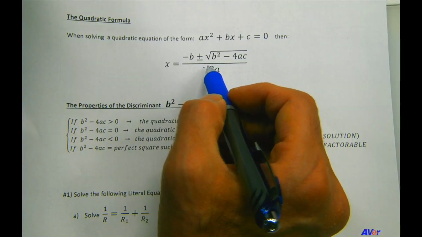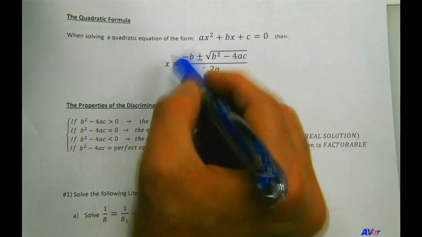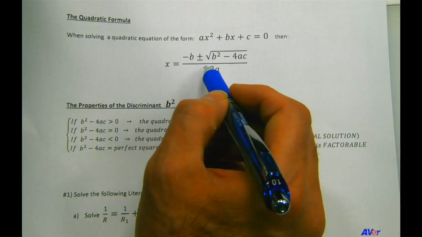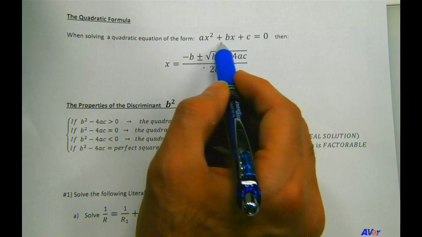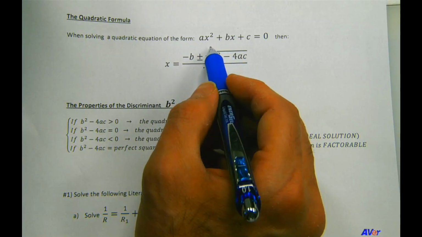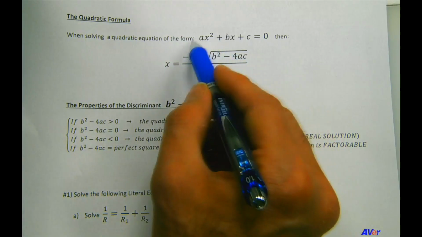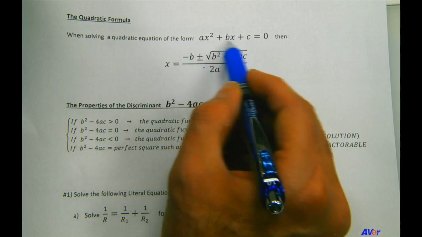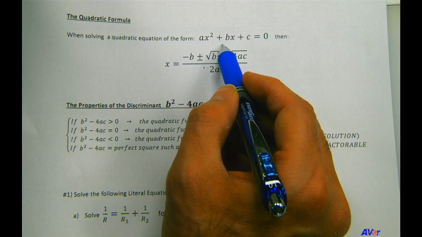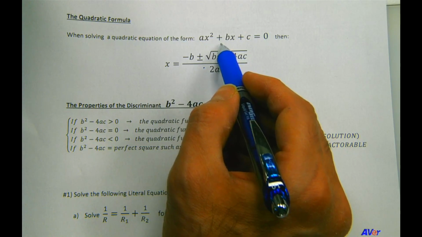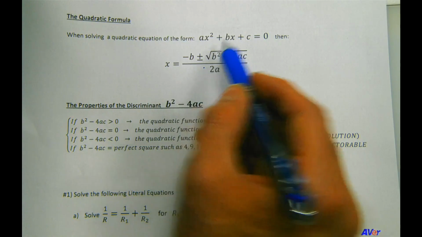But in our class, specifically, we will use this if factoring does not work for solving the quadratic equation. In which case we call those quadratic equations prime quadratic equations. Prime quadratic equations are quadratic equations that cannot be factored.